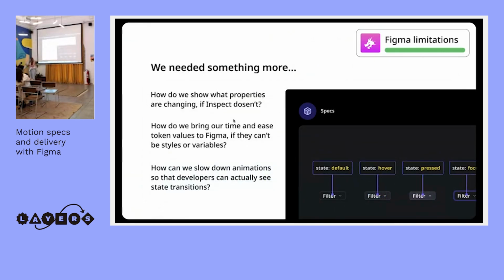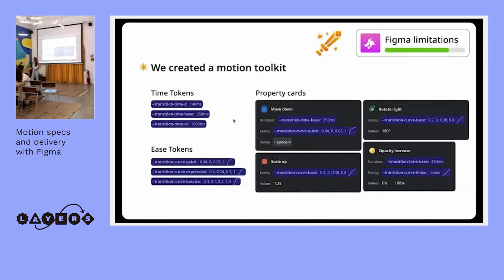Because developers were seeing these static specs. They knew there was an over and a press and a state, but they didn't understand how you're supposed to do the transitions. And what we did was create a motion toolkit. Basically, we created variables with our time tokens and ease tokens that we already have in our code.